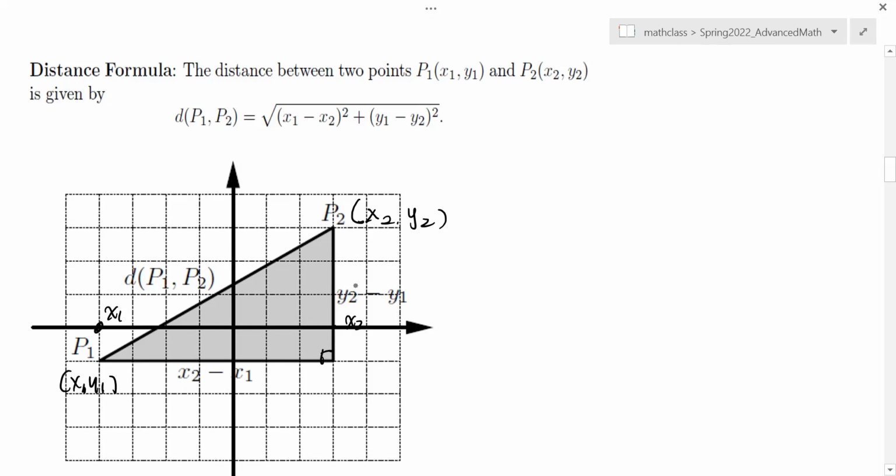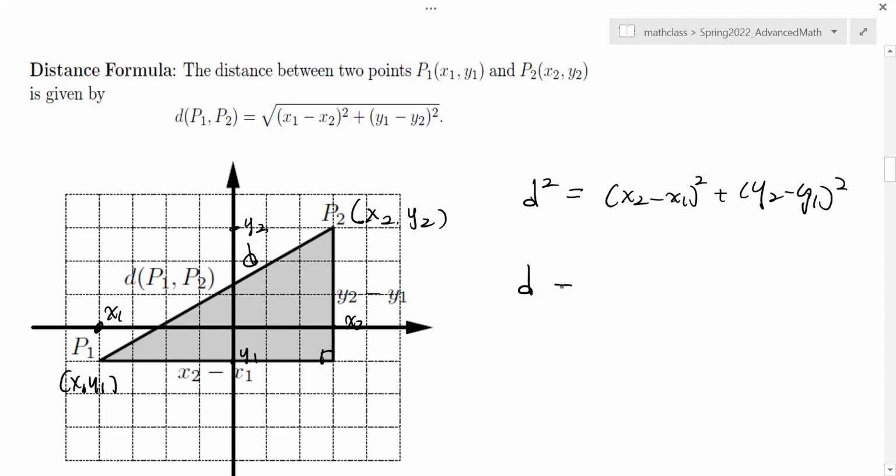So y2 minus y1. This is y2, and here is y1. So the difference of those two numbers gives you the length of the other side. By the Pythagorean theorem, if d is the distance between P1 and P2, then d squared is going to be (x2 minus x1) squared plus (y2 minus y1) squared.